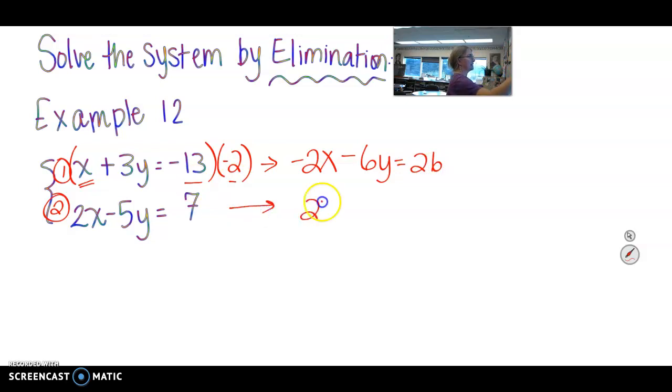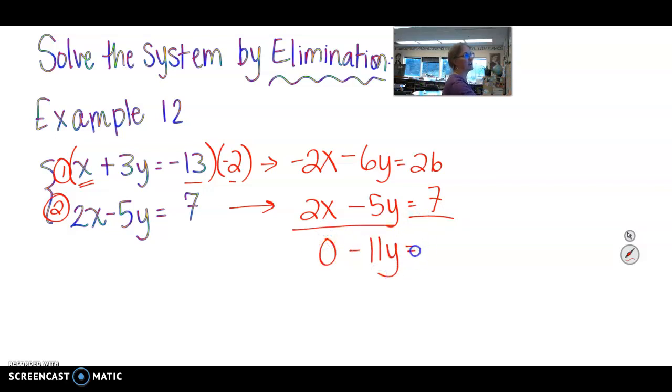And I'm just going to rewrite equation 2 underneath here because I don't need to do anything to the second equation. So adding this adds to 0, and then this is minus 11y, or negative 11y, and then this is going to be 33. I don't need that 0 here, but I do need to divide by negative 11 to get y by itself, and I get y equals negative 3.